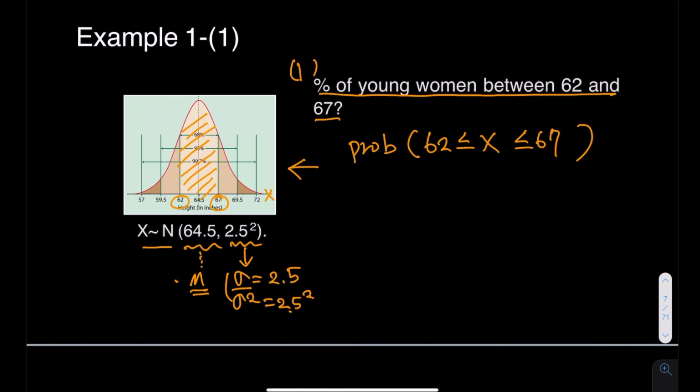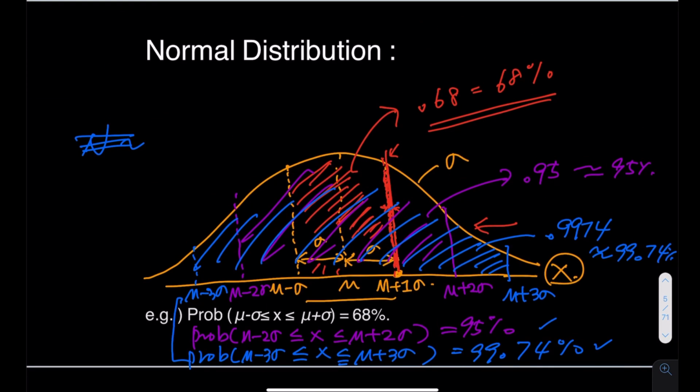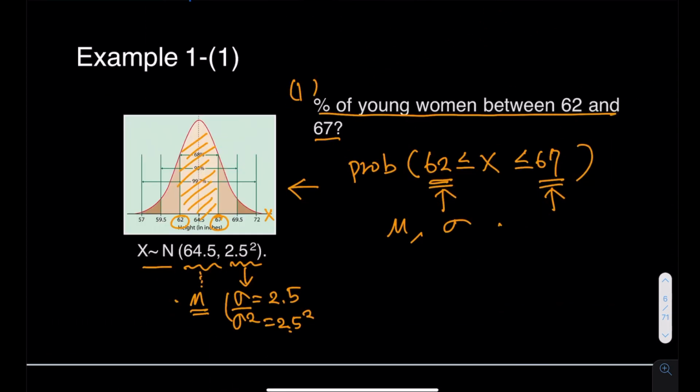When you look at this graph, you can easily guess, but what you need to find is how the lower value 62 and upper value 67 are related to mu and sigma, because in the previous slide I showed you three special cases: mu minus and plus sigma, 2 sigma, 3 sigma. So we have to check whether we can represent 62 with mu and sigma. What is mu? 64.5. And what is sigma? 2.5.